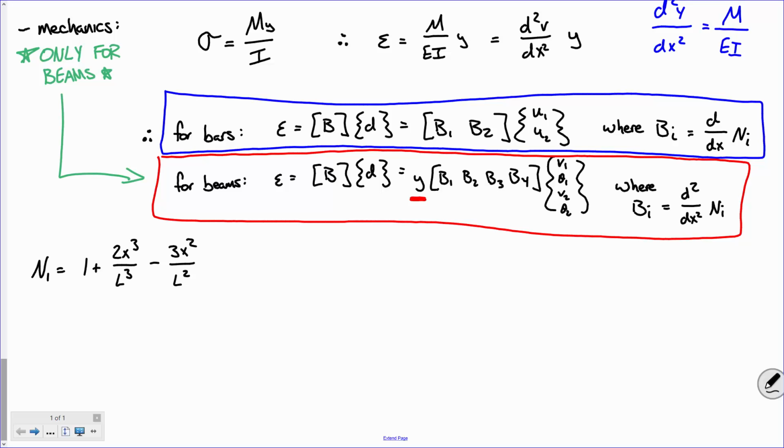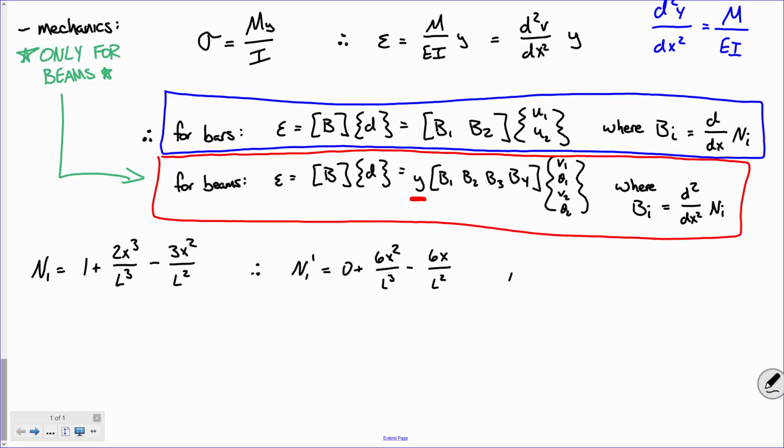So what I'm going to do is say, all right, I need to take the second derivative, right? So what's the first step in taking the second derivative? We take the first derivative. So what do we have? N1 prime is the derivative of 1, which is 0, plus 6x squared over L cubed minus 6x over L squared, right?